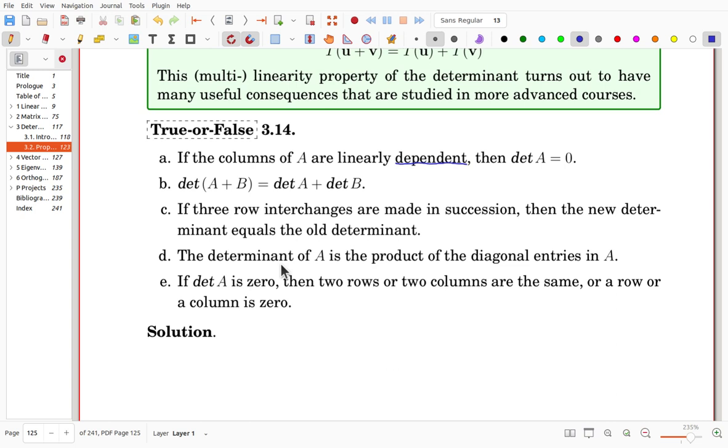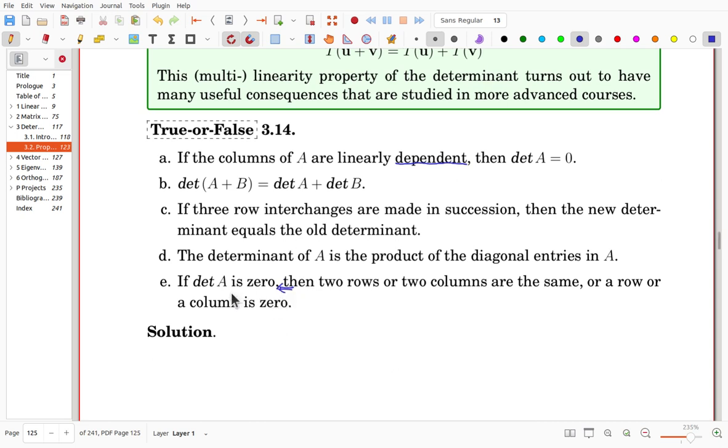If the determinant of A is 0, then two rows or two columns are the same, or a row or a column is 0. Is it true? That one is false. In fact, if two rows or two columns are the same, or one row or one column is 0, then in this direction, the determinant must be 0.